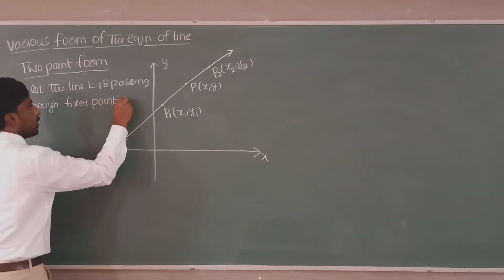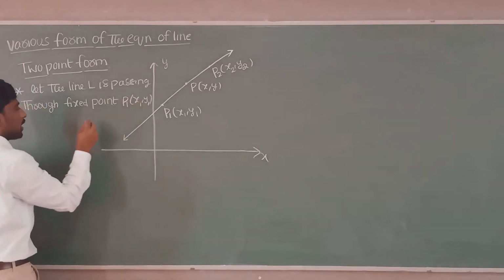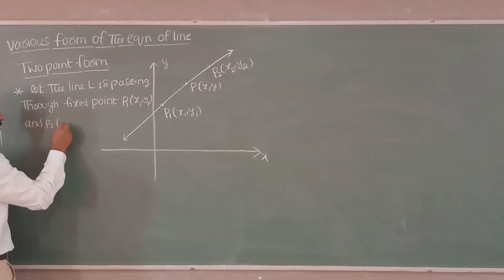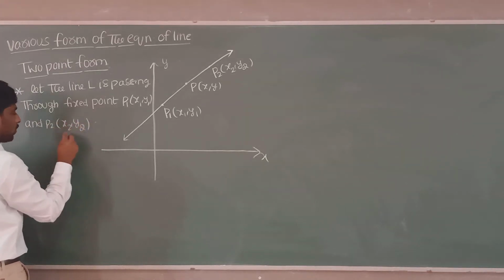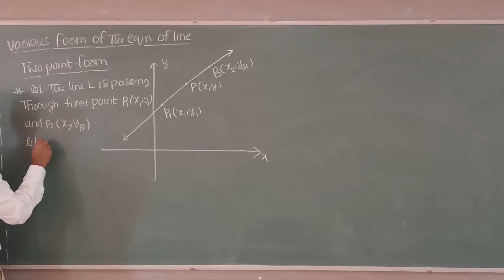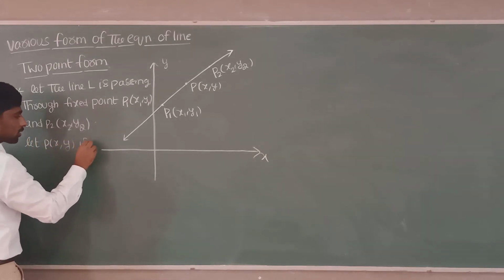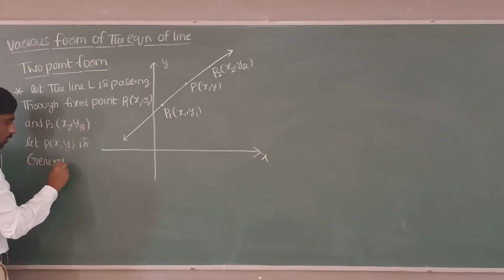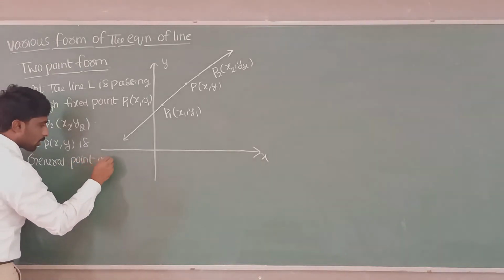Fixed point P1 is x1 comma y1, and P2 is x2 comma y2. Now let P of x comma y be the general point of the line.